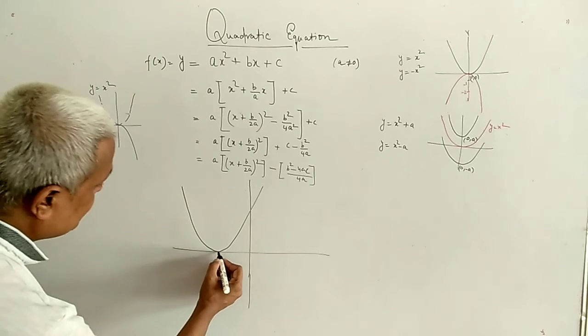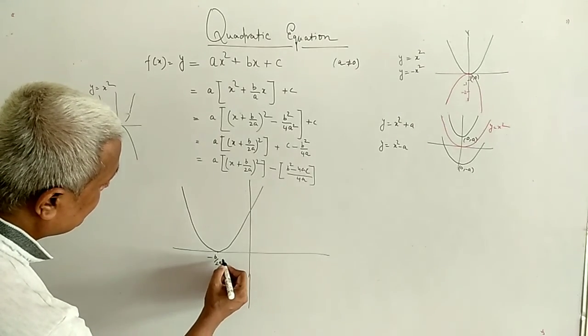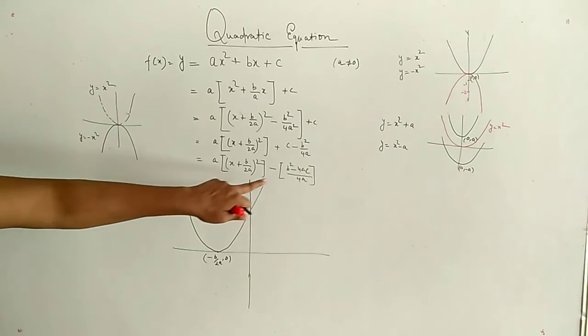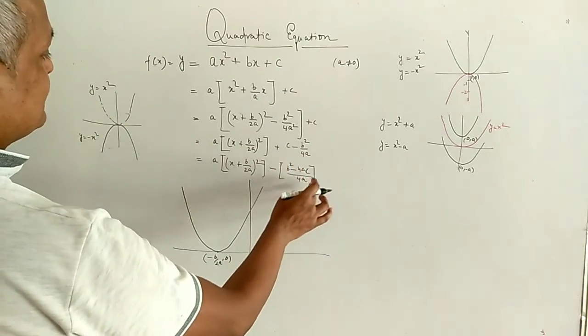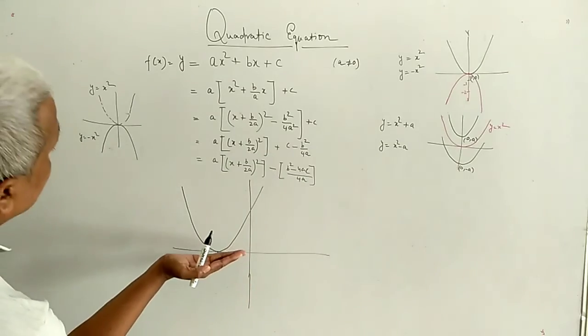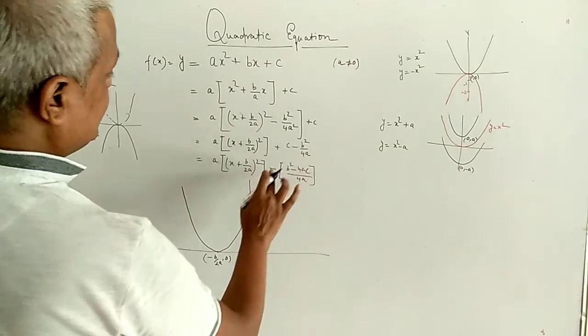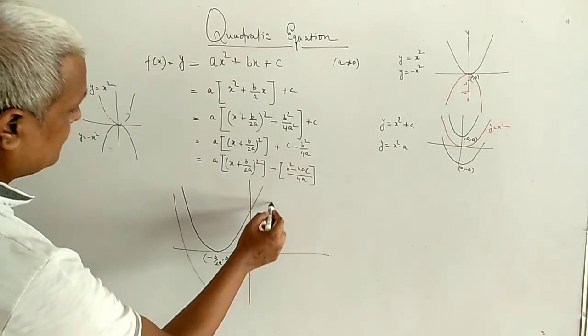And this value is your vertex, which is minus b by 2a comma 0. But here we have a negative value of something. So depending on what kind of number this whole expression gives you, the graph will either move up if this whole value is positive. So there is a minus, then the graph will go like this.